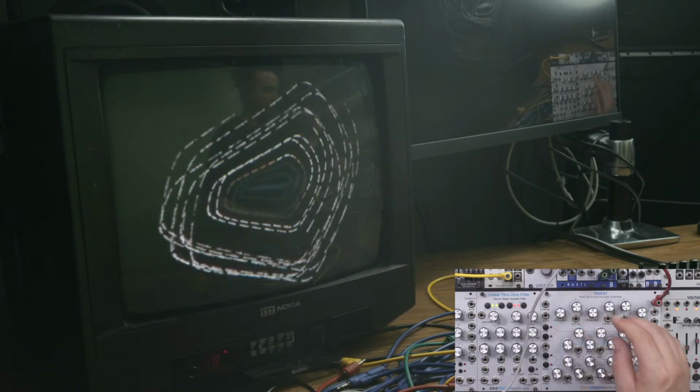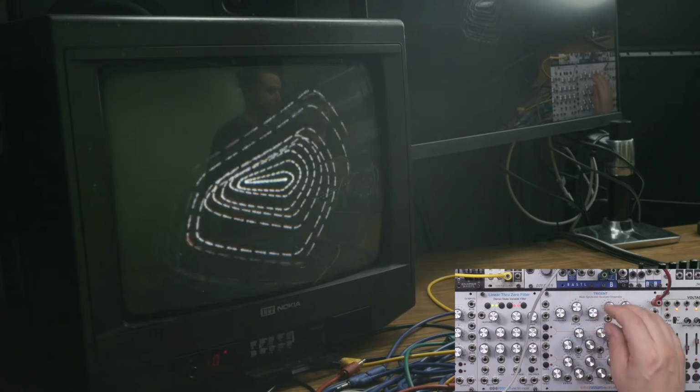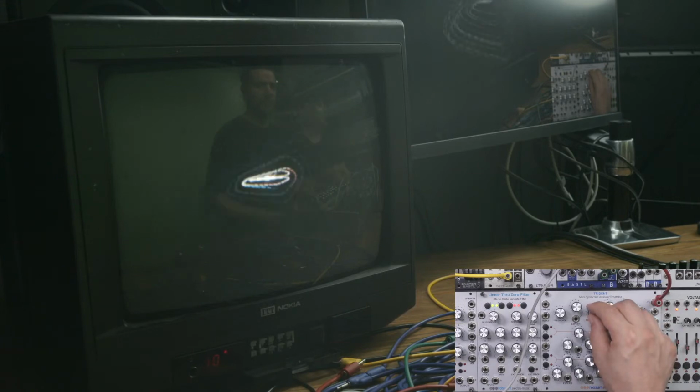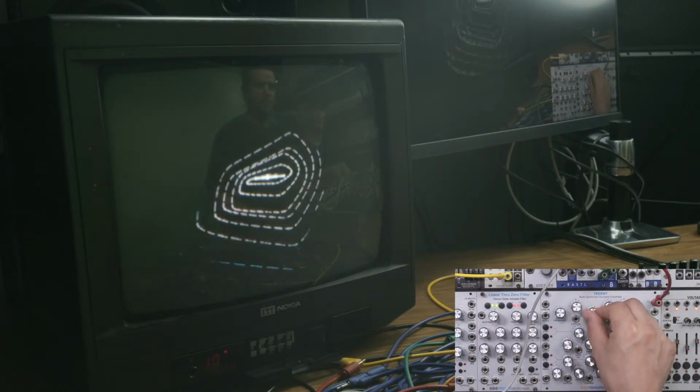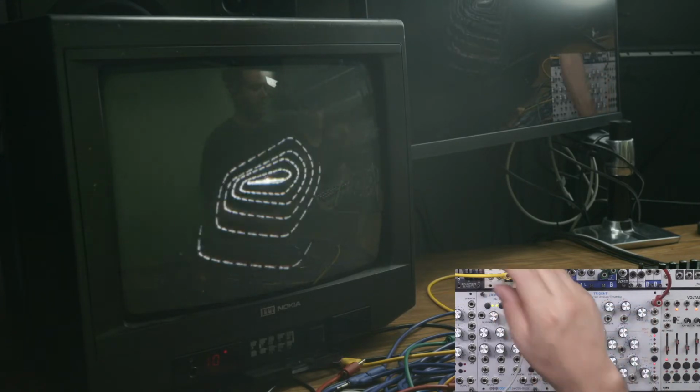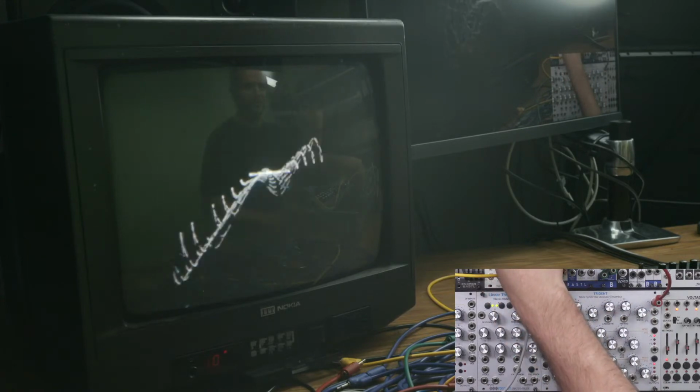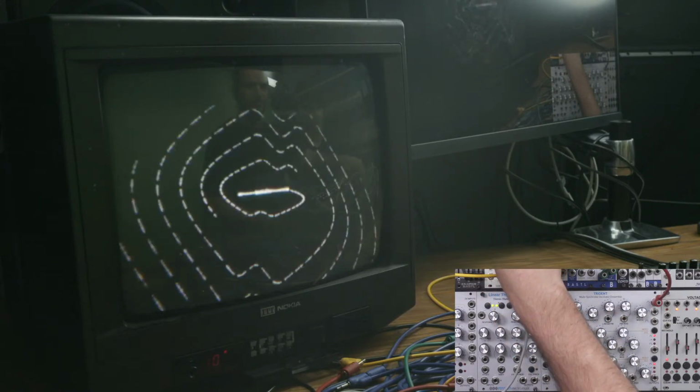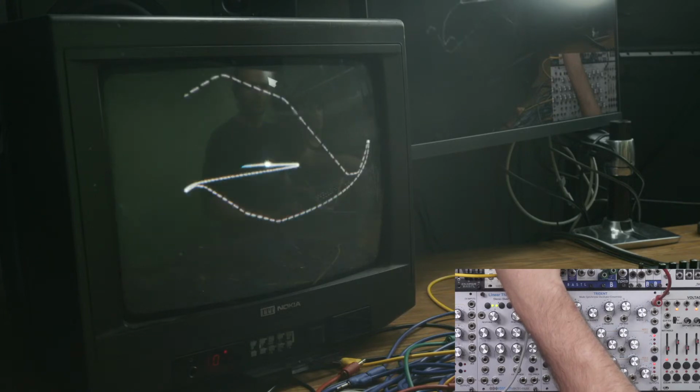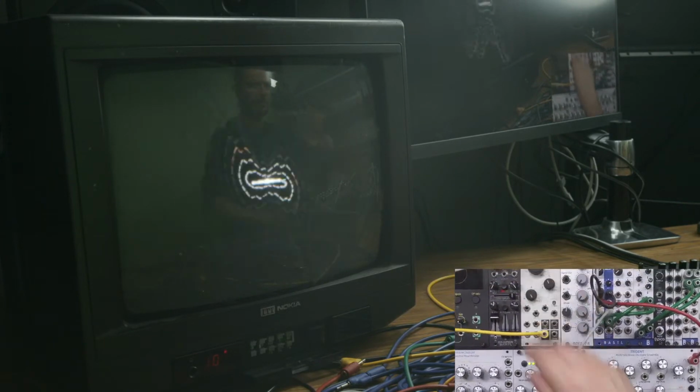Yeah, maybe this one. And I'm fine-tuning the frequency now. Maybe I fine-tune this frequency of the Three Sisters a little bit so it's more relatable.